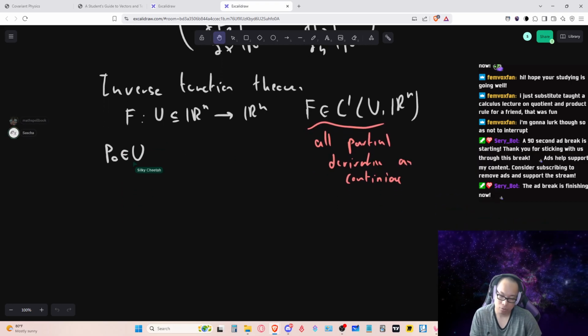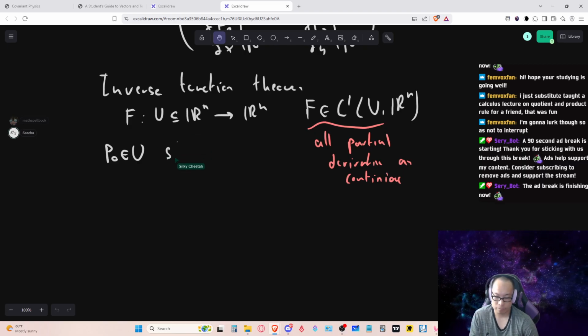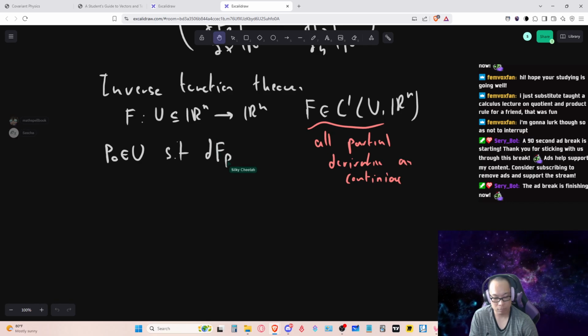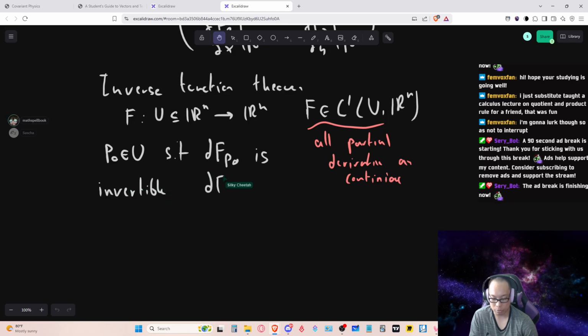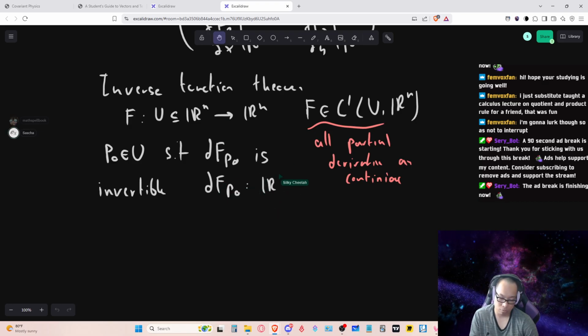So assume there is some point P0 inside of U, such that the differential at P0 is invertible. Okay, and what are we defining as invertible in this case? So just recall, this is a map from Rn to Rn. So the differential will be some linear map from Rn to Rn.